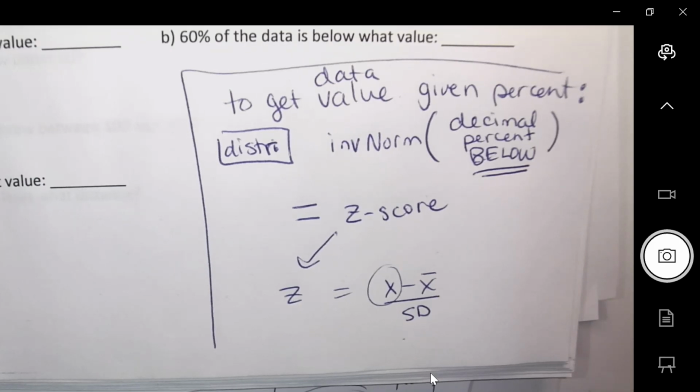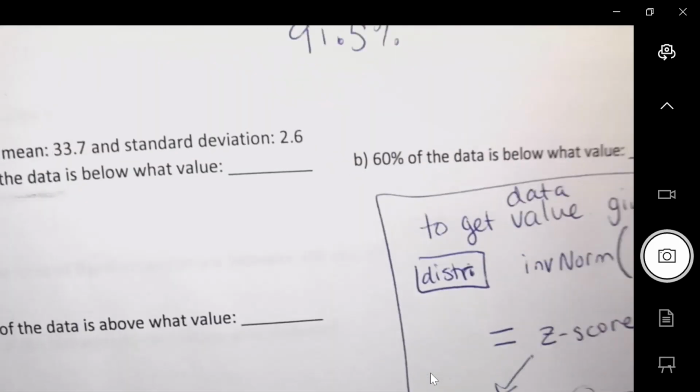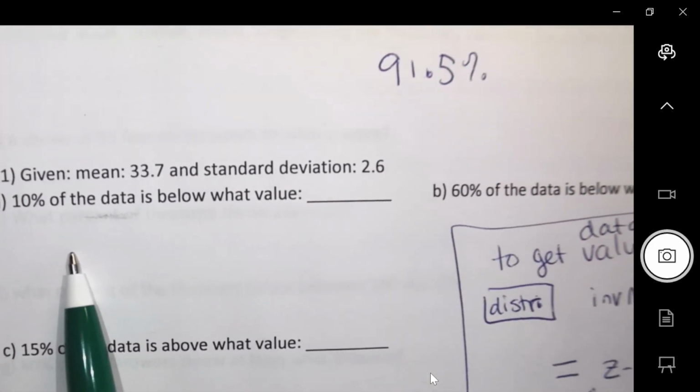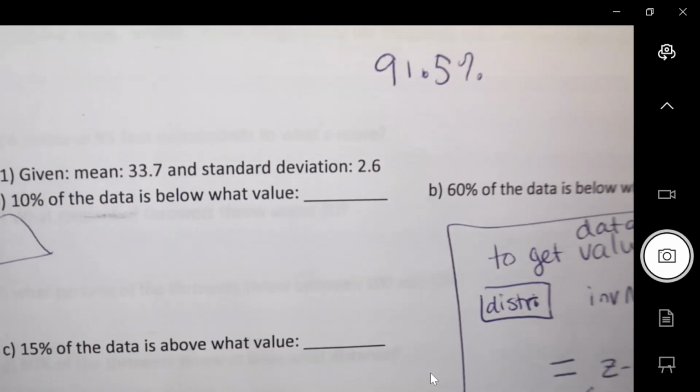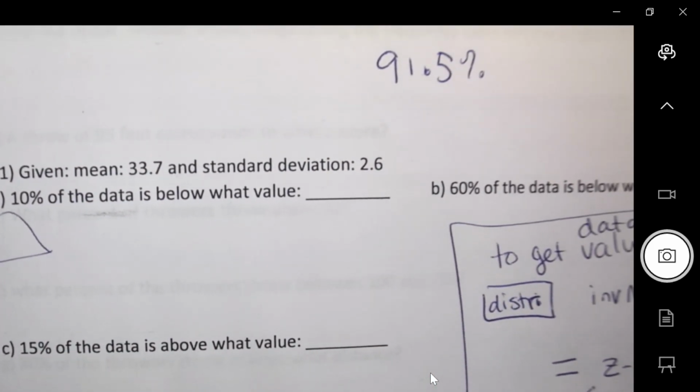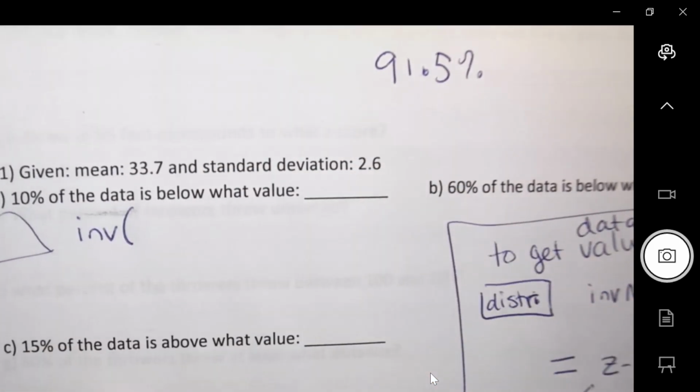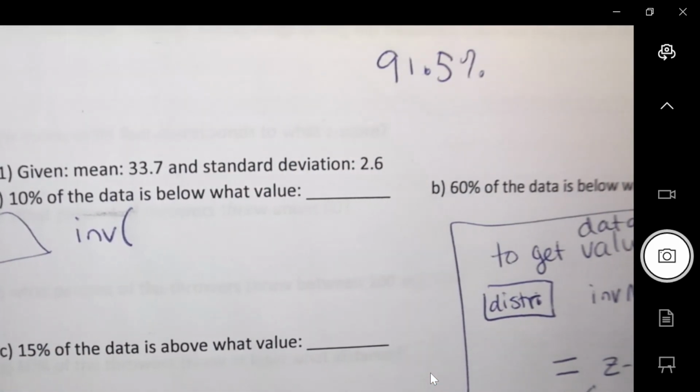Okay? You ready to figure this out? 10% of data. So there's 10% of data below what? So we're going to inverse norm. What number?